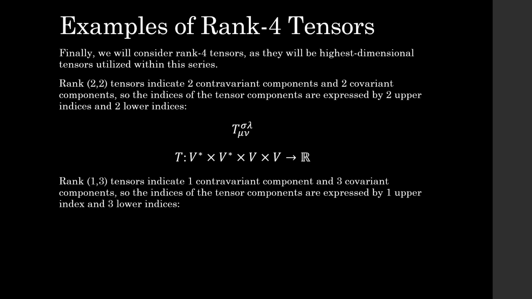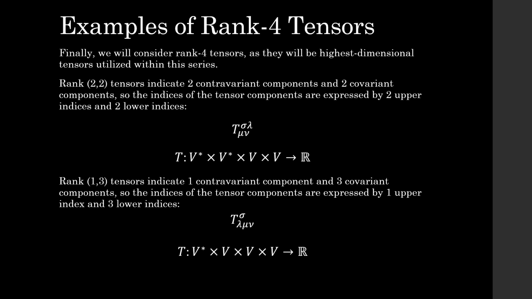Rank 1,3 tensors indicate 1 contravariant component and 3 covariant components, so the indices of the tensor components are expressed by 1 upper index and 3 lower indices. So T upper sigma sub lambda mu nu.